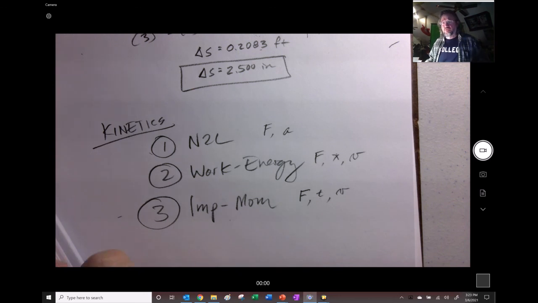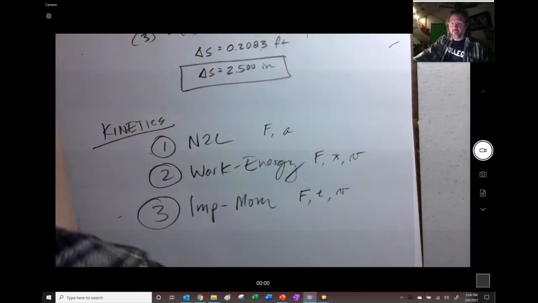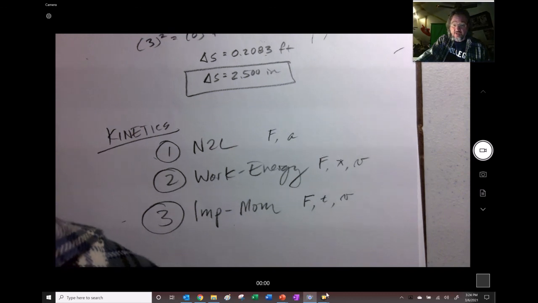But as we go through, we'll also be on the lookout for methods that can't be used under certain circumstances, where there's really only one way to go. A particular method will be very attractive, for example with collisions, which are much more of an impulse and momentum type of thing. So we'll be on the lookout for that as we're coming through. So that's all we have for this first example.